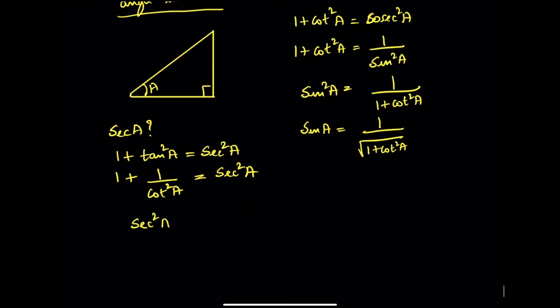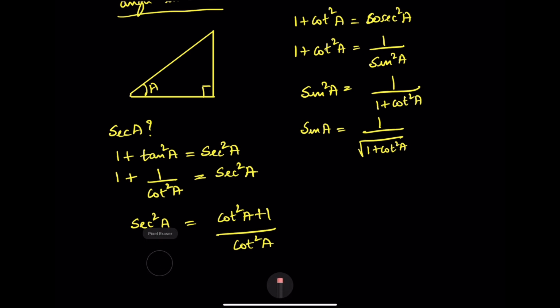So this will change to secant square A is equal to cot square A plus 1 divided by cot square A. So if you take the common denominator for 1 plus 1 by cot square A, we would get this. Now we need only the positive value again.